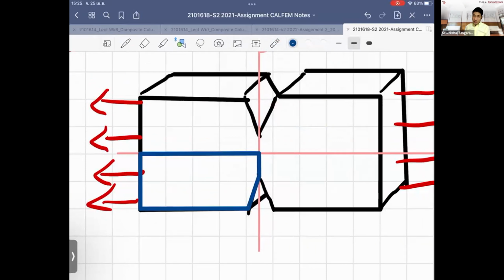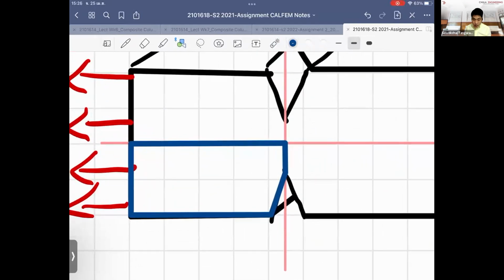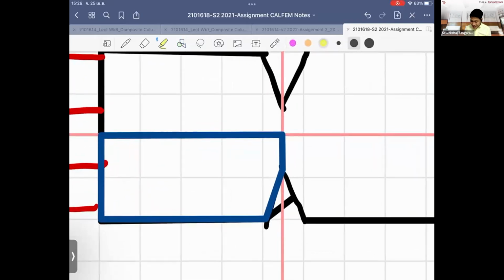When we decide that we want to model only the quarter, the first thing is that we have to identify the boundary conditions. What we see is that this is the boundary where we share the areas at the top and the sides.